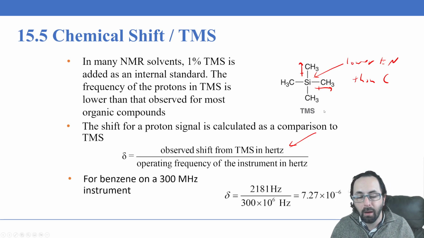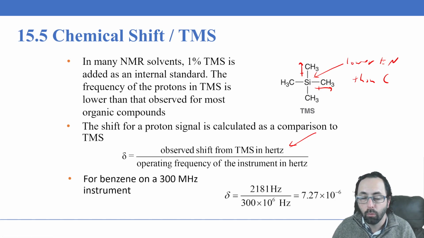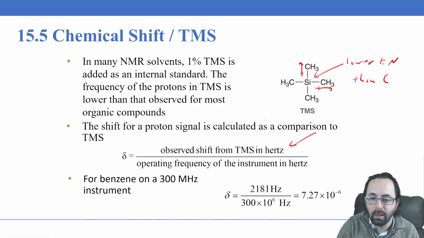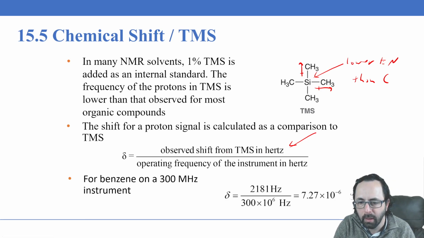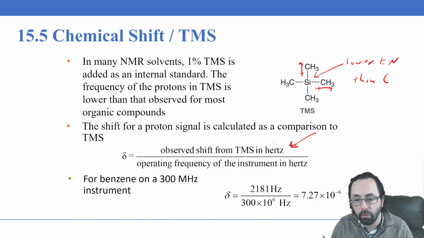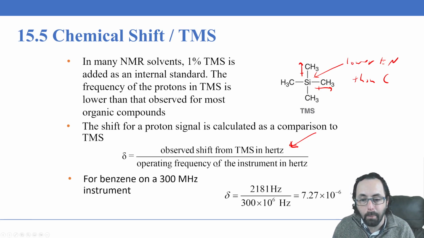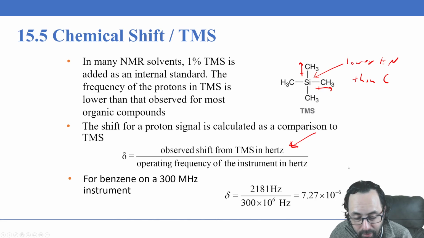And so we can compare all the other protons. They should absorb a greater frequency of light unless they're in some relatively unusual type of electronic environment. And so the way we calculate the chemical shift is we determine the radio frequency that is absorbed in the instrument, which again will be larger for higher magnetic field instruments, and we divide that by the operating frequency of the instrument.